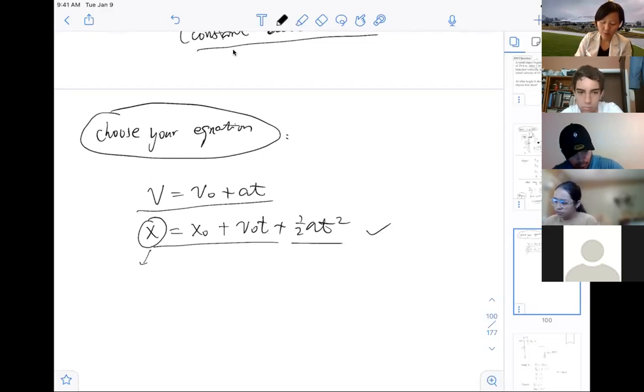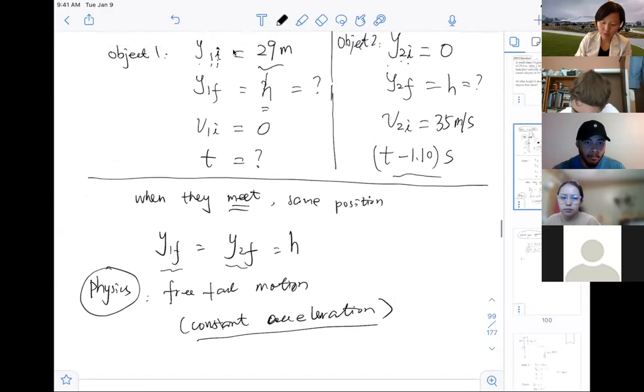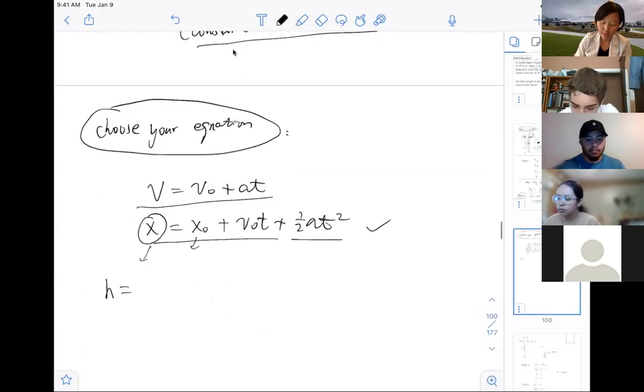Now, if I use it for object 1, this is the final position, right? And the final position is h, is equal to initial position. Now you can just plug in these things that you have laid out for yourself, right? Initial position is 29 meters. And you don't always have to write your units.